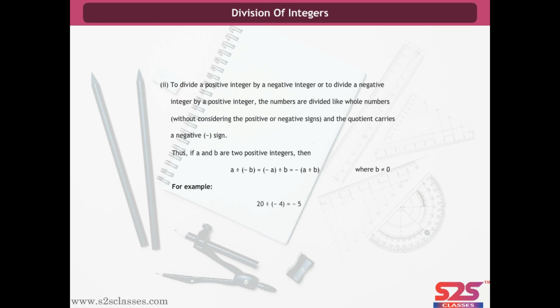For example, 20 divided by -4 is equal to -5. -36 divided by 9 is equal to -4, etc. When an integer is divided by another negative integer, the numbers are divided like whole numbers.